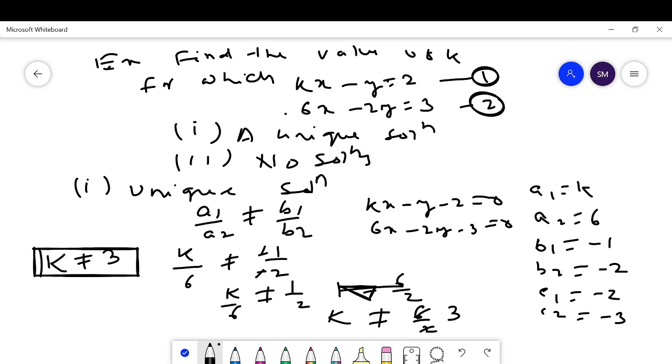Then find out the condition for which we can get no solutions. What is the condition of no solutions? No solutions is the condition in which A1 upon A2 is equal to B1 upon B2 but is not equal to C1 upon C2. Okay, then solve.